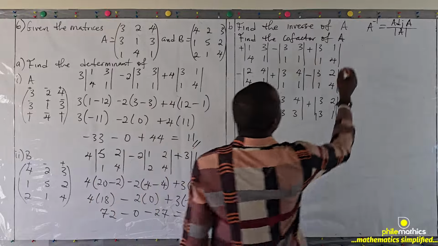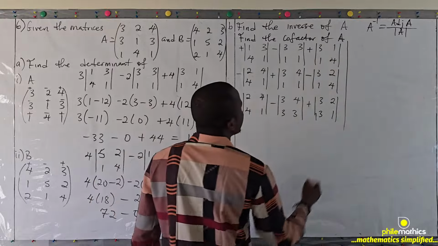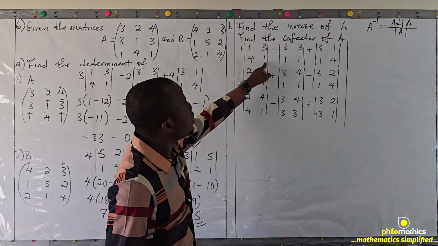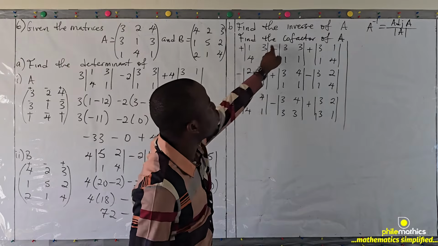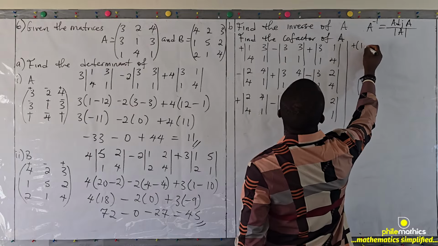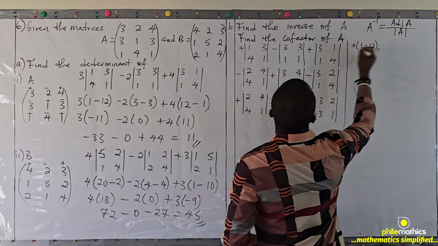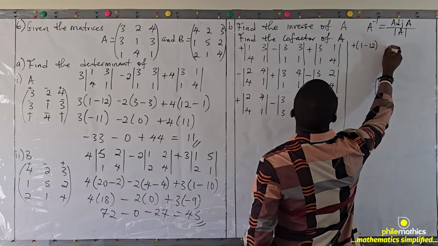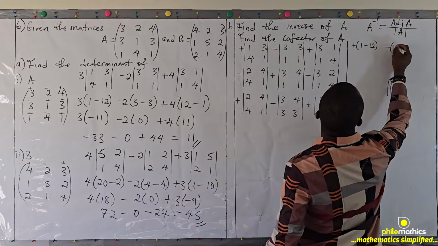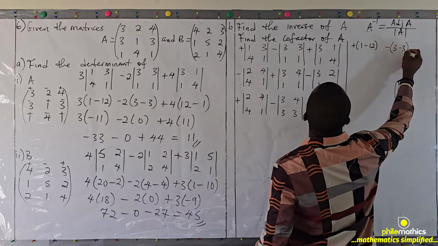So let's demarcate this. Let's evaluate the determinant of each of them. This is 1 minus 12. So we have plus 1 minus 12. This is minus 3 minus 3, 3 minus 3.